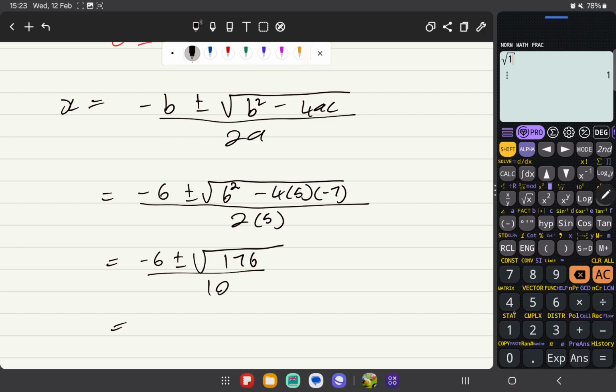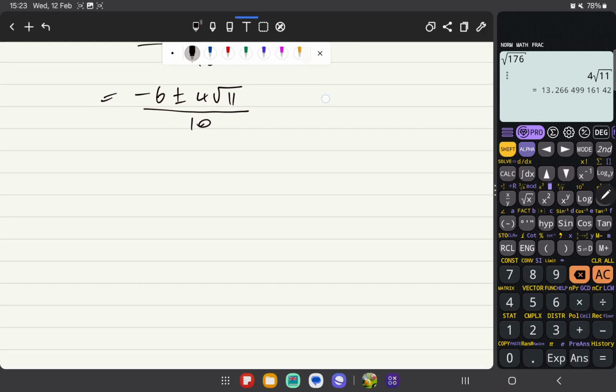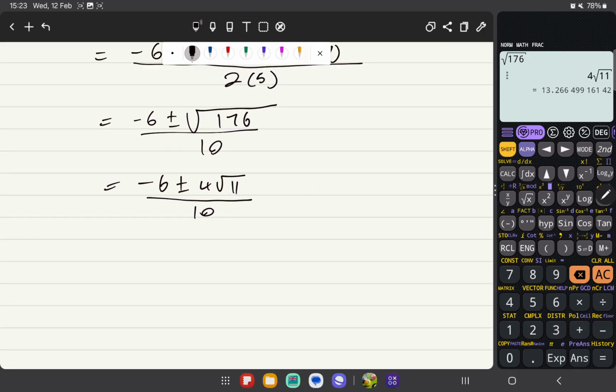Let me just see something. Square root of 176. Cool. So that's minus 6 plus or minus 4 square root of 11. And then I have what? I have 10. To simplify this, I can just say that's what?